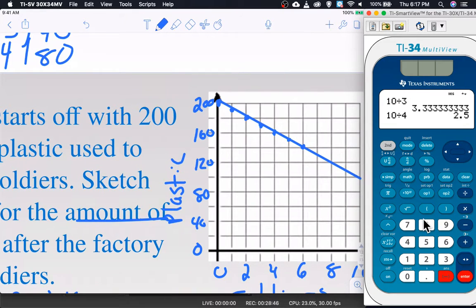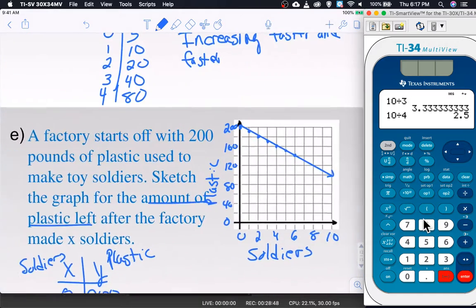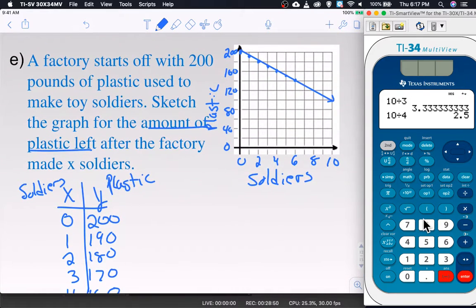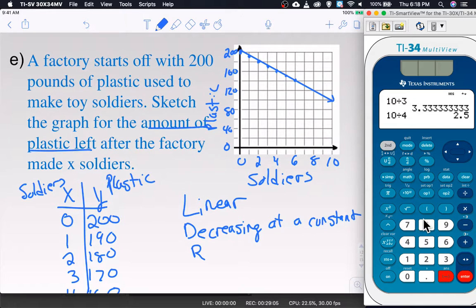Boom. We have ourselves an answer. This is linear. This is decreasing. And I'm going to go that extra little step and say it's decreasing at a constant rate. The constant rate means it's linear. The slope remains the same everywhere.